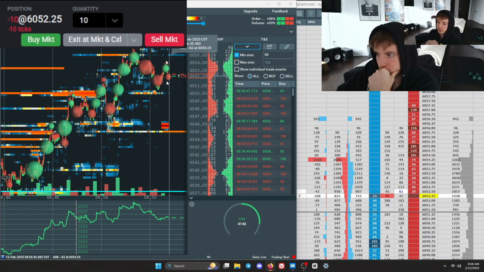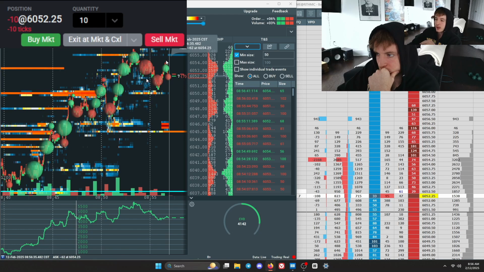I do not like taking positions while someone like Powell is speaking, because if he says one sentence, that can cause a 20-point move in legitimately like 1 second.